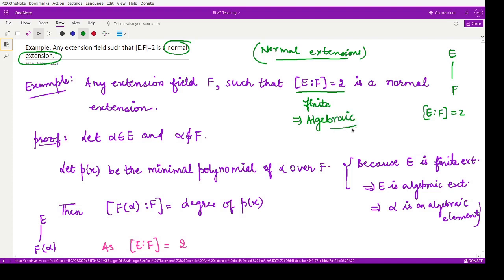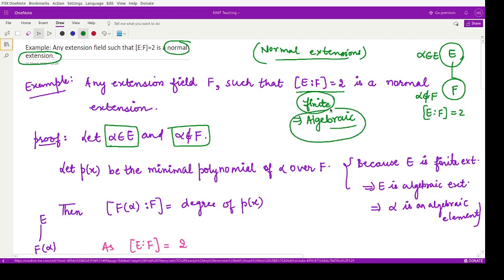So we assume some element alpha which is present in E, but alpha is not present in F. Because E is the larger set, it may contain some elements which are not present in F. Now because it is a finite extension, this is also an algebraic extension, so each element here would be an algebraic element.